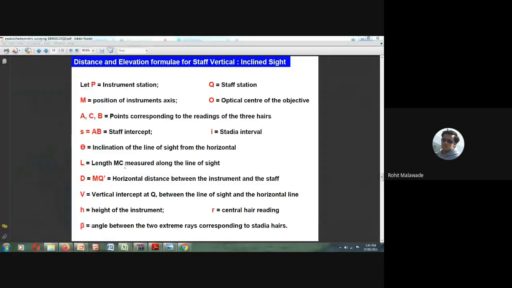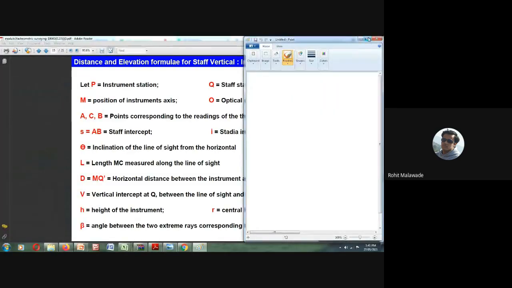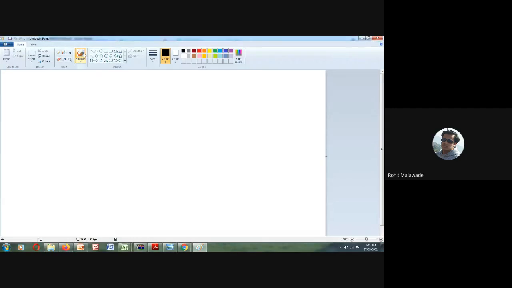Now, before that we should know what inclination is, right? I have already told in the previous class, but still I will just explain what inclination or declination is. So this is your staff, and I'm having a theodolite over here. If I place my theodolite like this, the line of sight is horizontal, right?